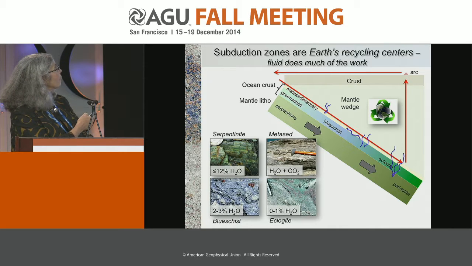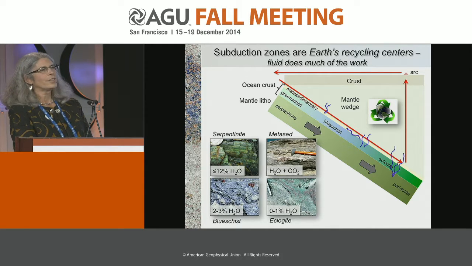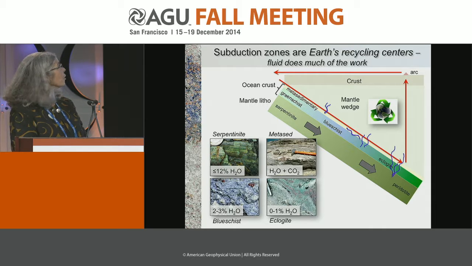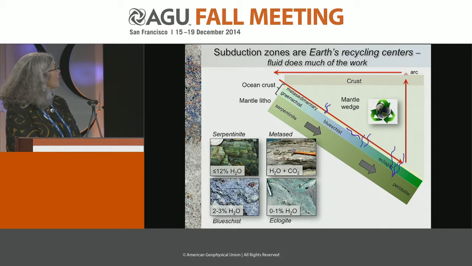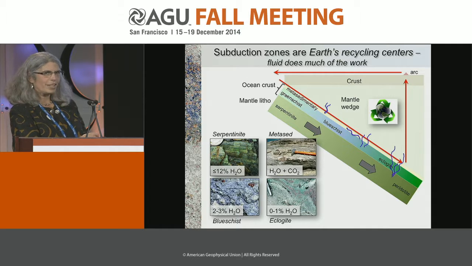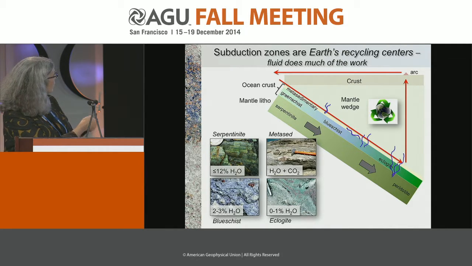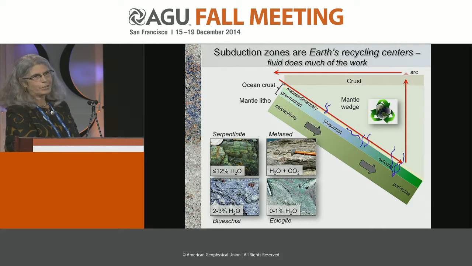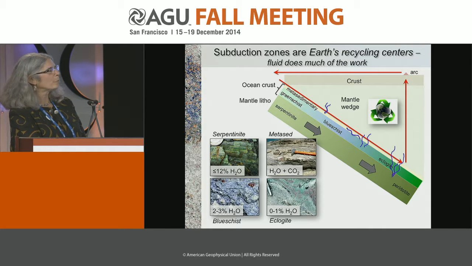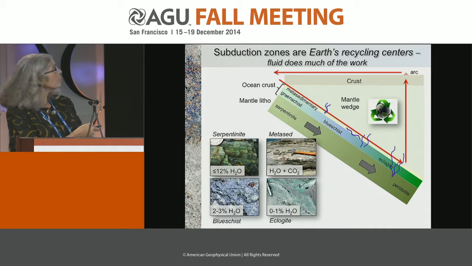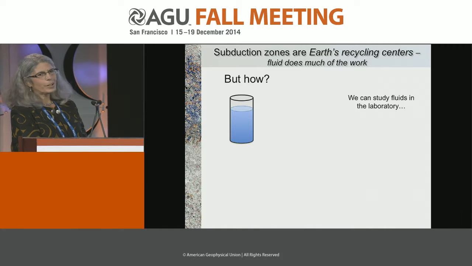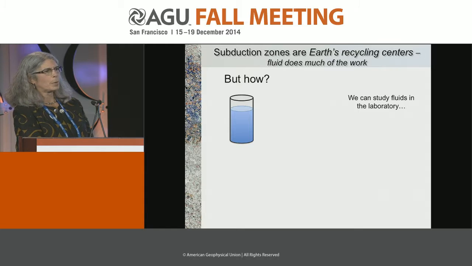And it's clear that fluid does a lot of the work associated with mass transfer in subduction systems, but we don't necessarily know that much about all the details of how this happens. So as you can see, we have many different kinds of rocks that have different volatile contents at different positions in the subduction system. But if we're interested in studying specifically what fluid does, we have a little bit of a problem.